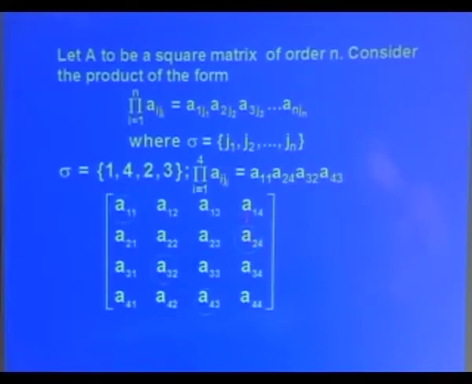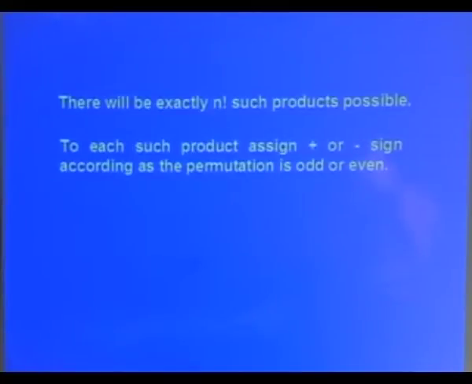If I am considering this term, no other column element is selected. So, I am selecting one term from each column and row and forming a product. So, this is one product, but actually there will be factorial 4 such products possible. So, if we are having an n square matrix, then there will be exactly factorial n such products.